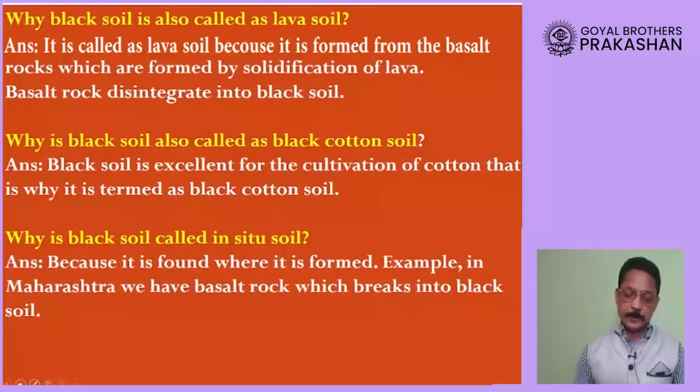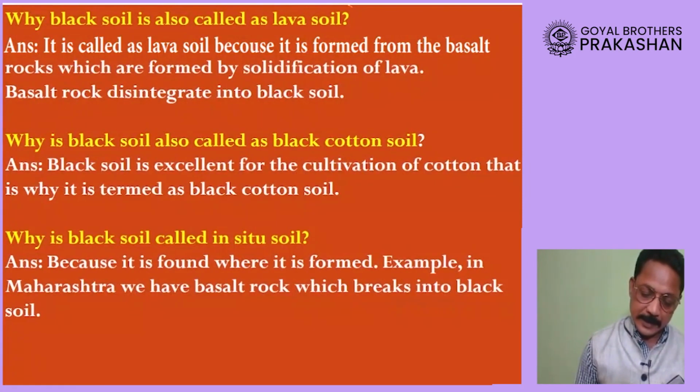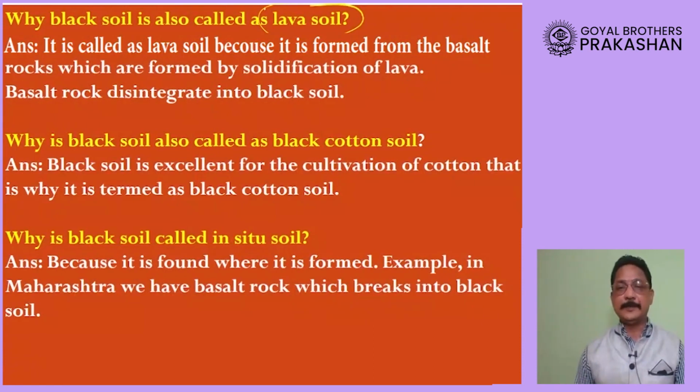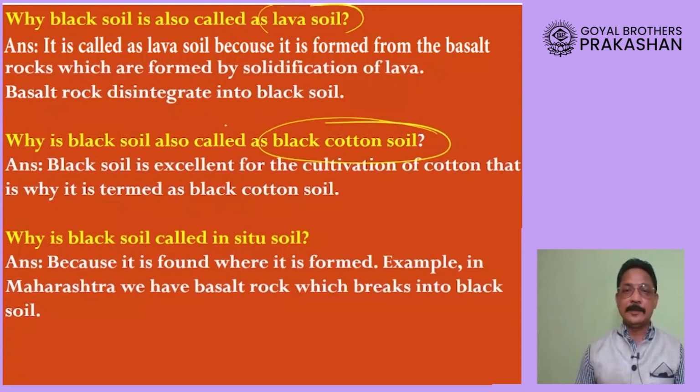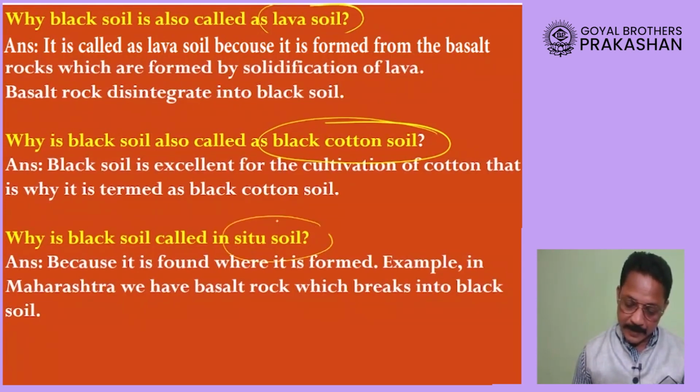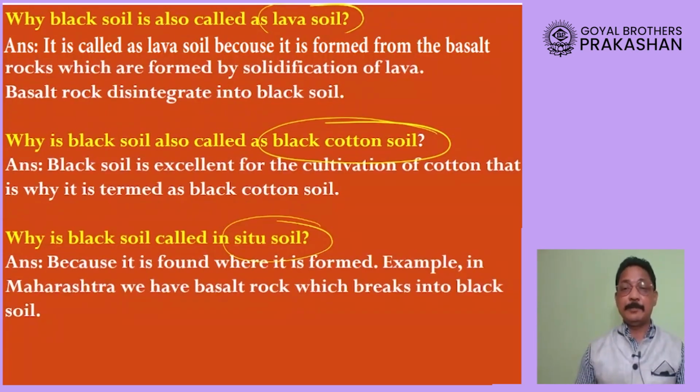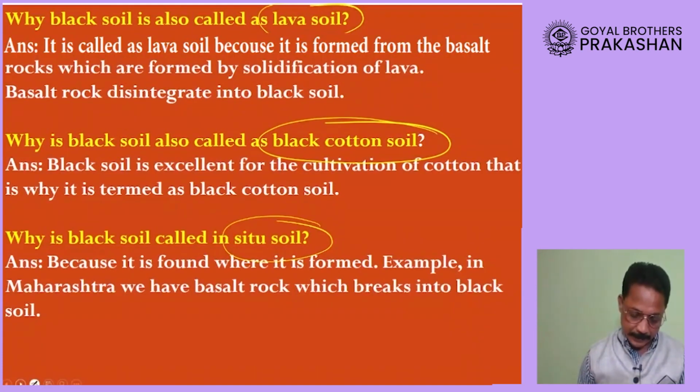Next, if the question is asked, dear student, why this soil is called lava soil, now we know the reason. If the question is asked why this soil is called black cotton soil, just now we have seen because it is best suited for cultivation of cotton. If the question is asked why it is in situ soil, you are right, because this soil is found where it is formed. So in this way questions are asked based on this topic.